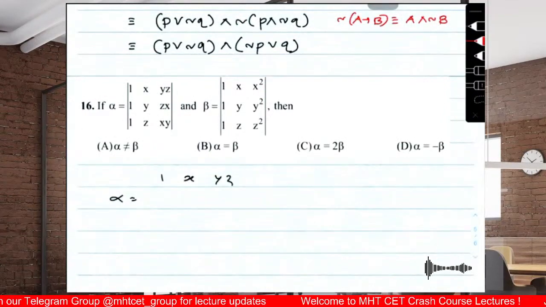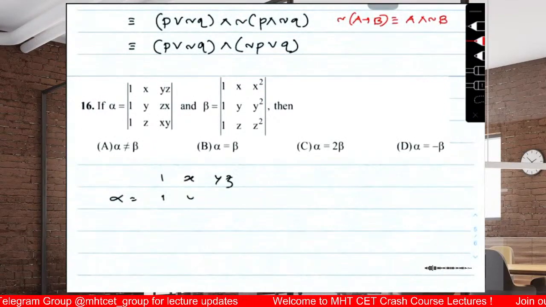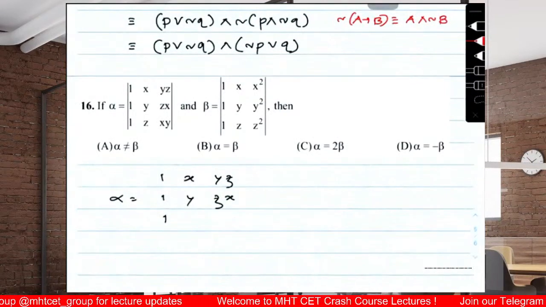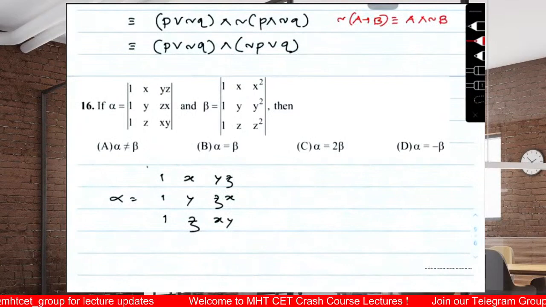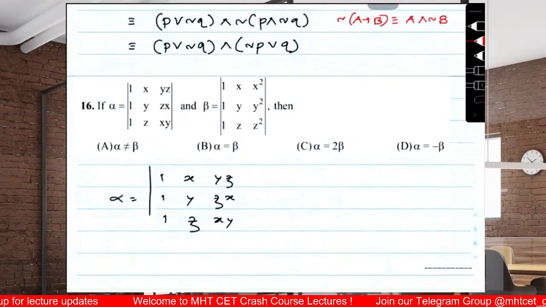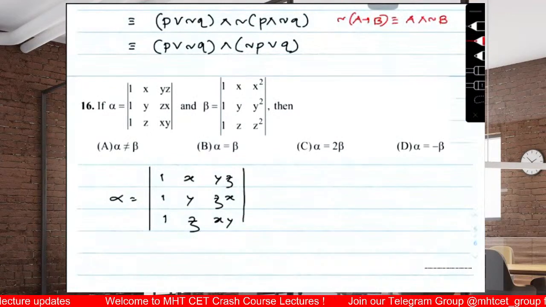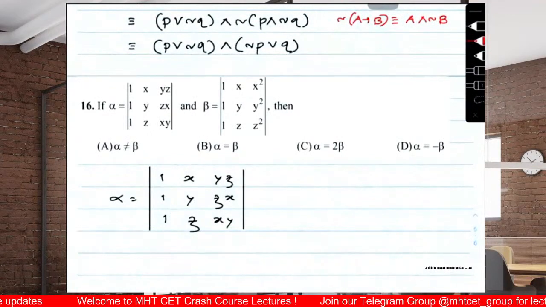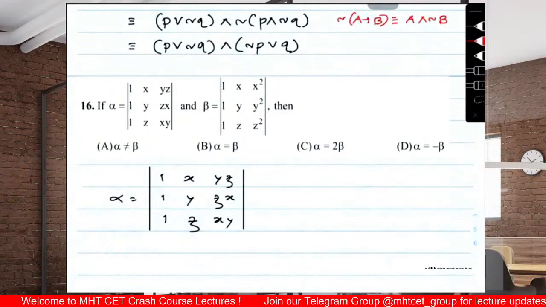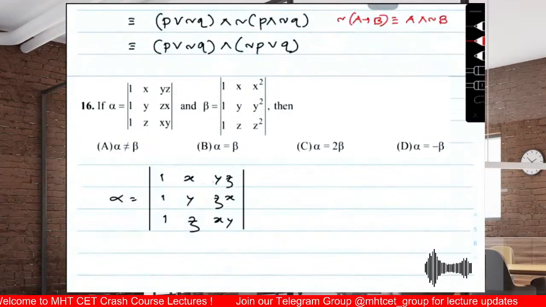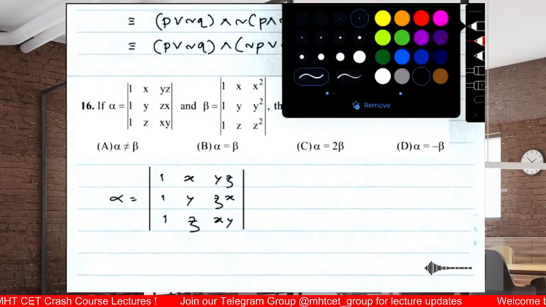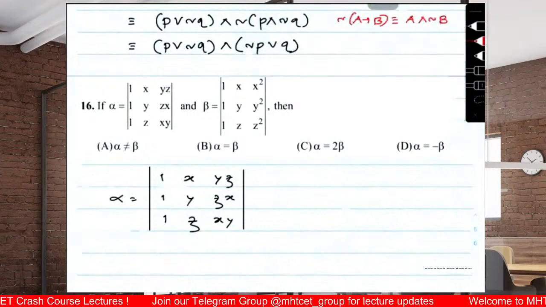1, x, yz; 1, y, zx; 1, z, xy. ओके, वी नीड xyz. xyz इधर आ जाएगा. फिर मल्टीप्लाई दिस बाय x. फर्स्ट रो को x से, सेकंड को y से, एंड थर्ड को z से मल्टीप्लाई करो.